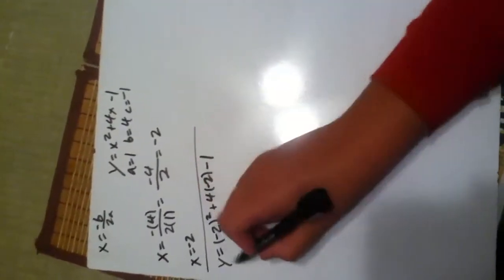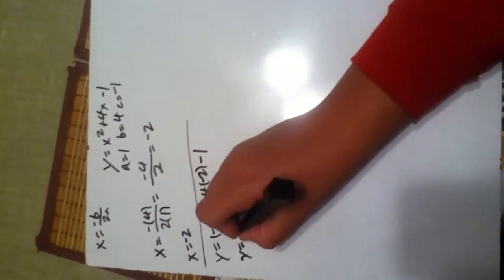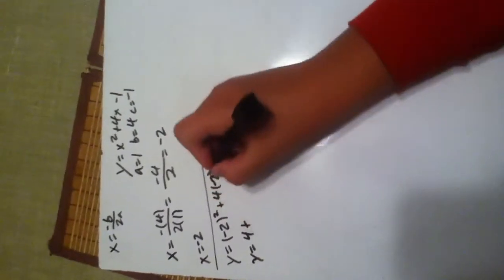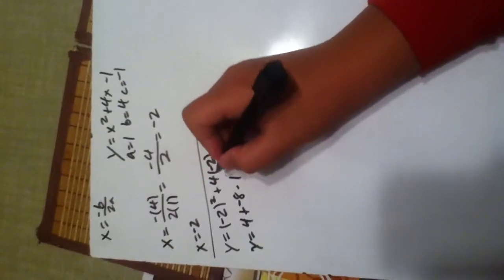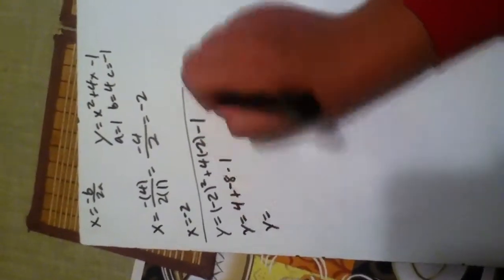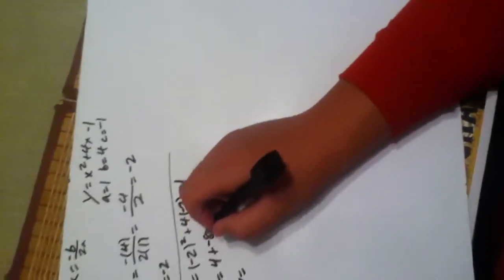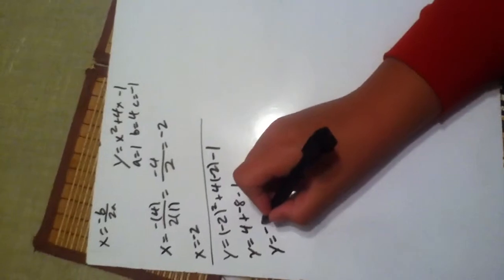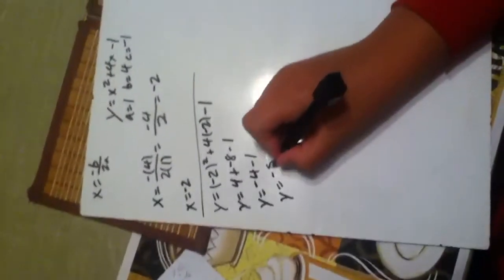Then we simplify: negative 2 squared is positive 4, plus negative 8, minus 1. Keep simplifying it, going from left to right: positive 4 plus negative 8 is negative 4, minus 1, then y equals negative 5.